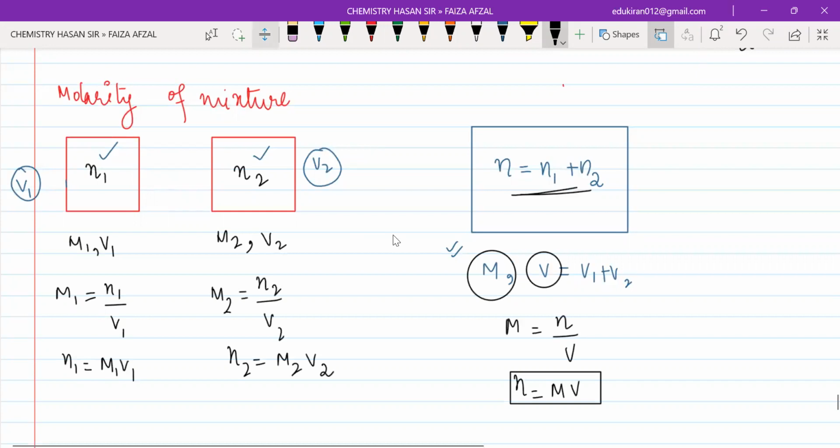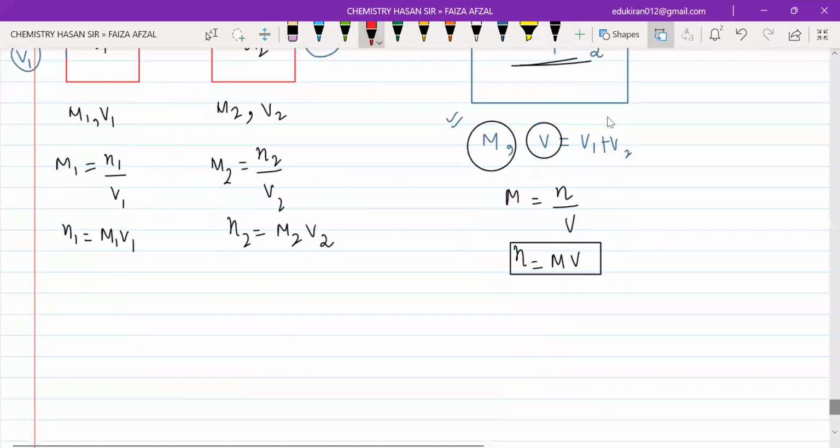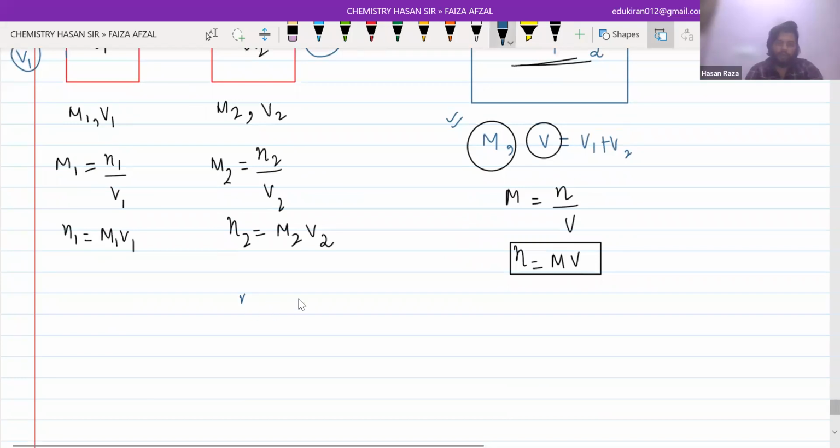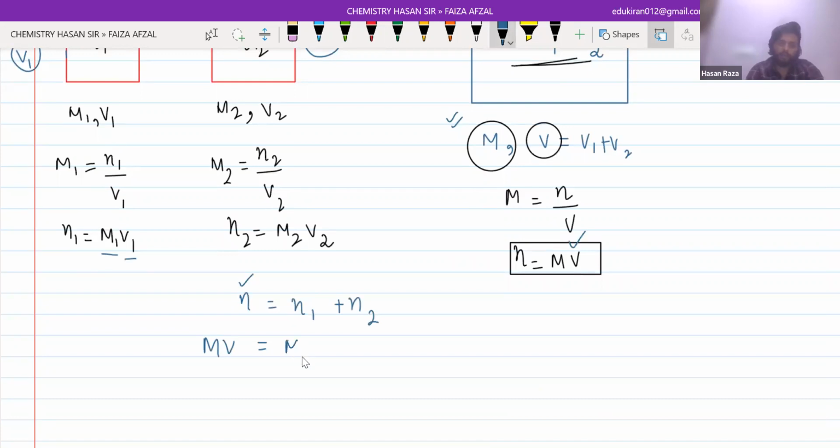Yes, sir. Now, you know that in the bigger container, N is equal to N1 plus N2. And this N has a value MV, final molarity into final volume, which is equal to N1. N1 has M1 V1, so you put M1 V1 plus N2, which has a value M2 V2.